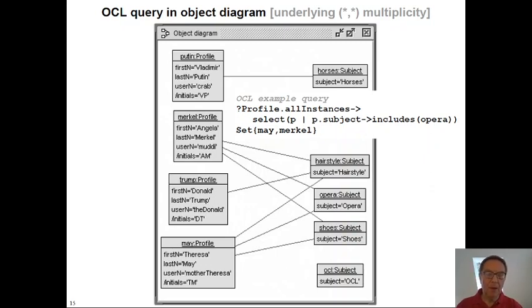And my aim for today is to study and to explain what is possible in OCL in a more systematic way. In particular, we will discuss what kind of operations are available in OCL.